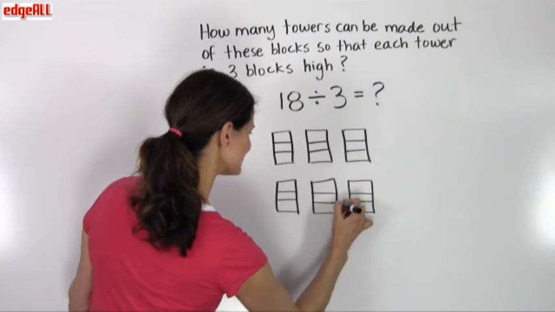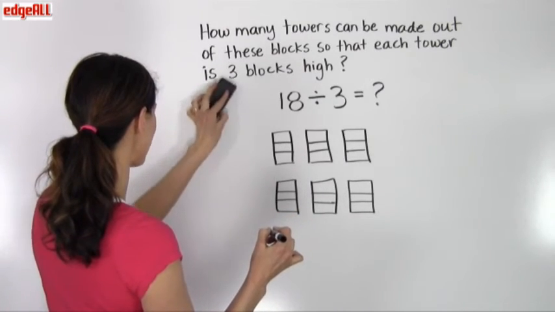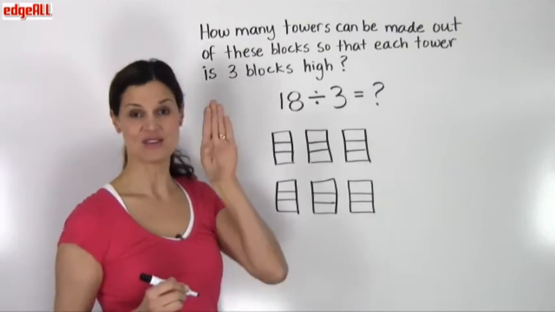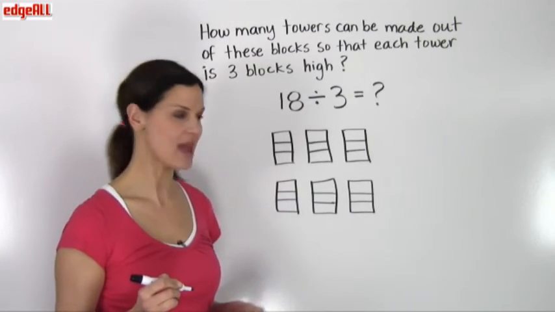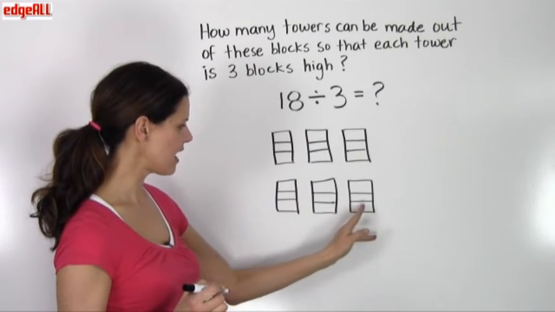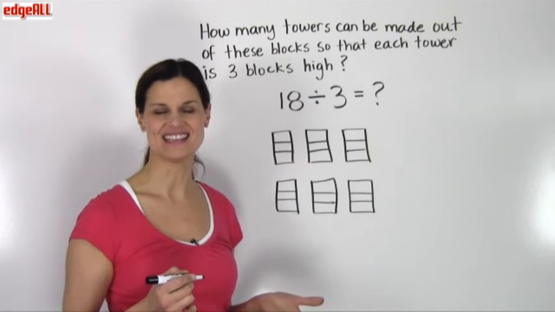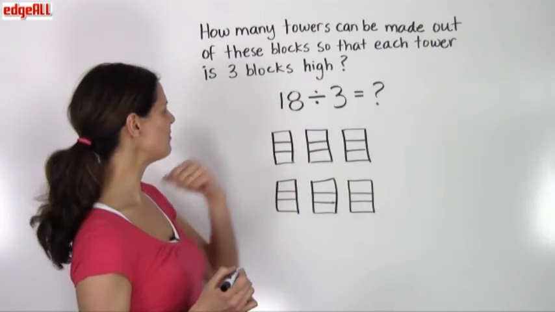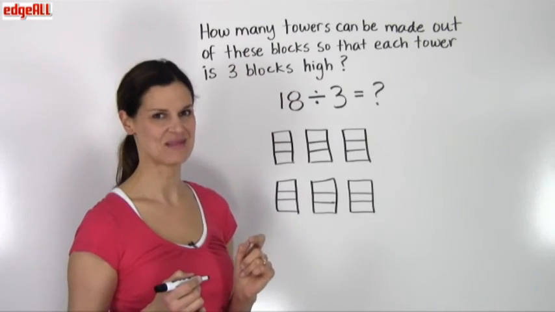So I'm going to erase those so I no longer have any left in my total. I've used up all the blocks that I started with, and I've made these little towers, or little stacks of 3 blocks each. So the answer to my problem here is how many towers can be made?